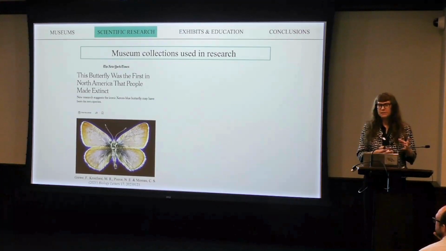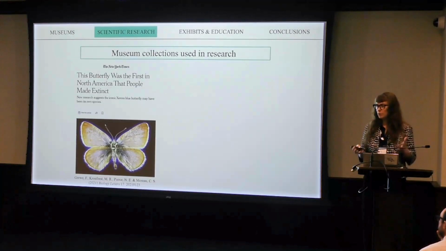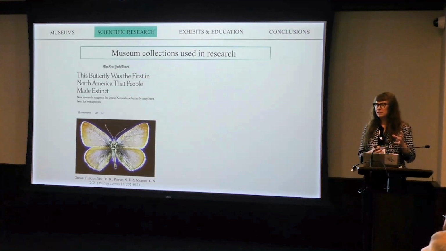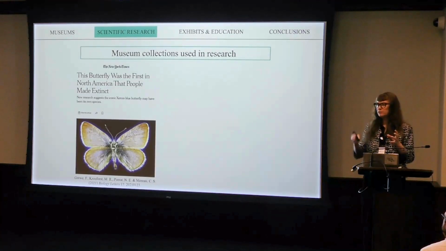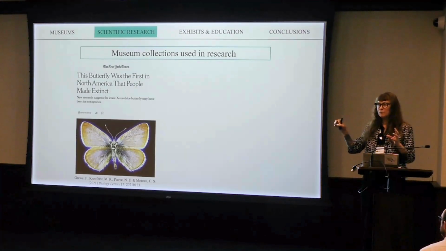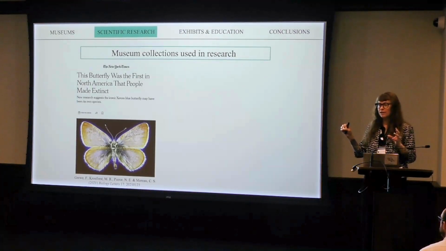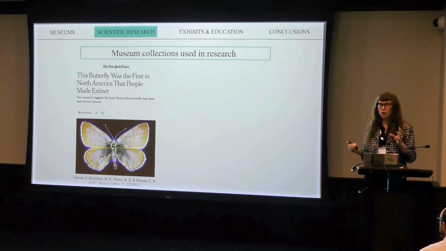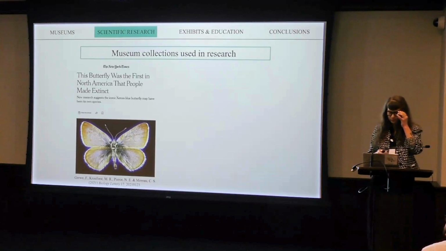So by going in and sequencing the genome of this extinct species, which could only be studied by going into a museum collection, we were able to demonstrate not only was it an extinct species, it wasn't even a population or closely related to that widespread species. It's actually more closely related to other little species that have very small habitats and are isolated as well, suggesting that we might have other species that are on the brink of also going extinct.